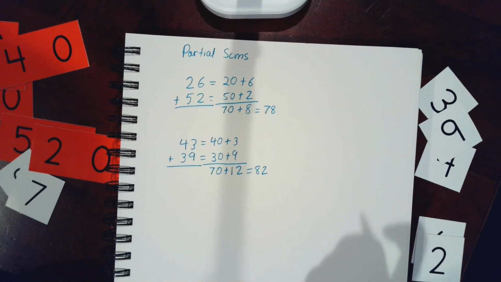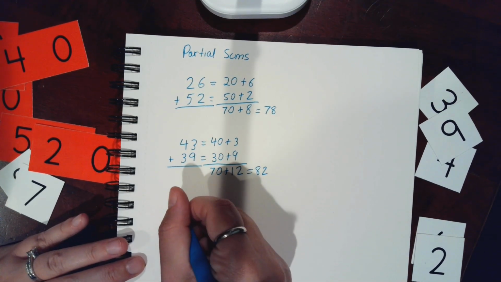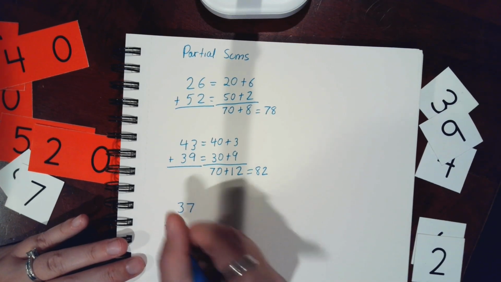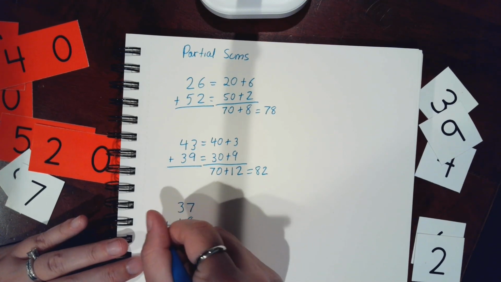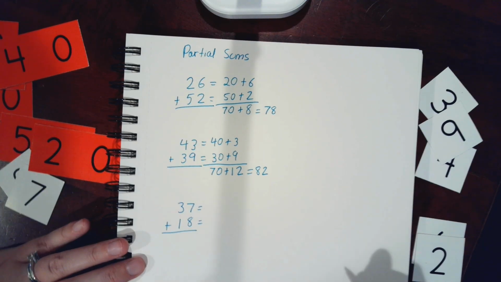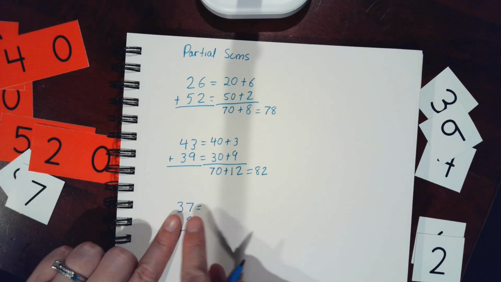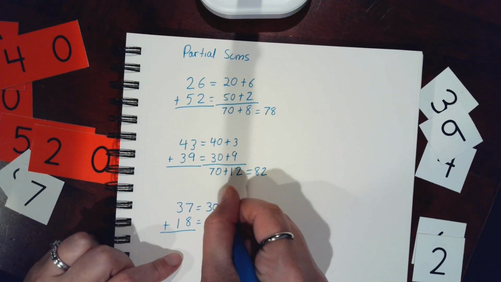Okay, let's do another one like that. Let's do 37 plus 18. Okay, so this time we're going to expand it out without the strips. So I know 37 is made up of 30 plus 7.